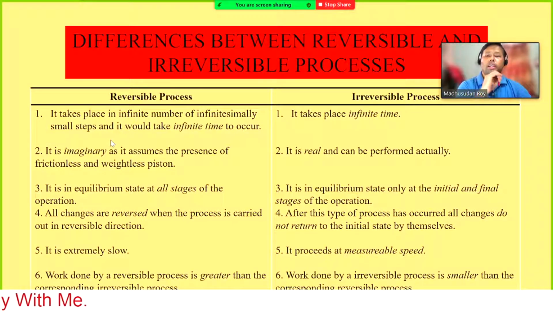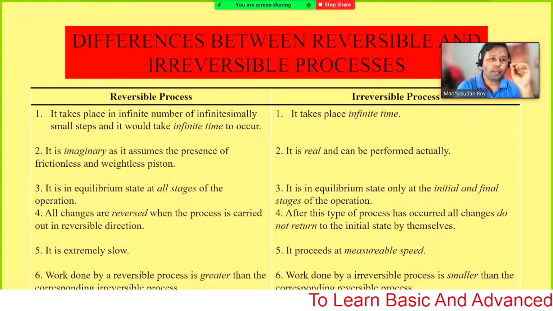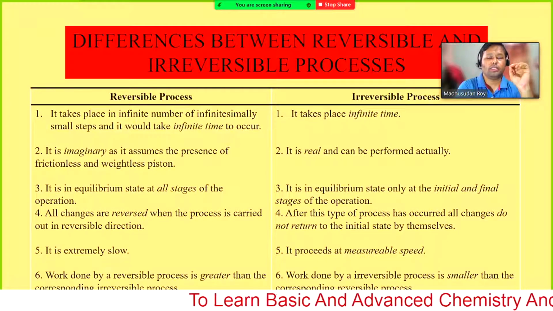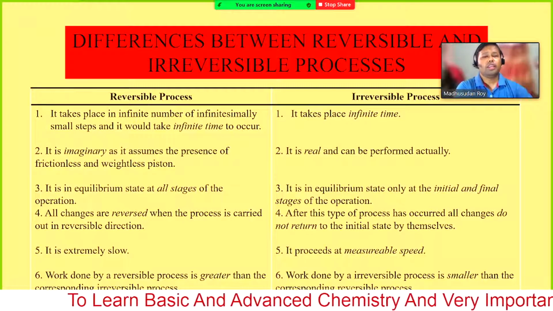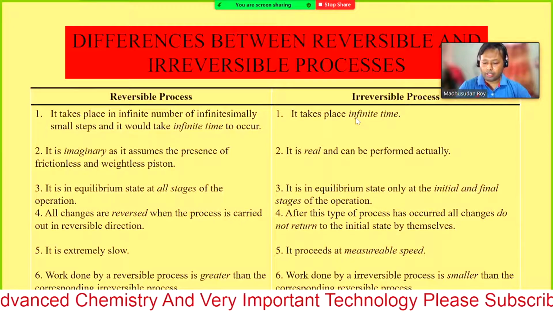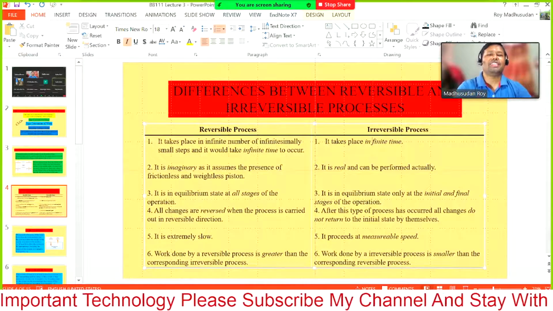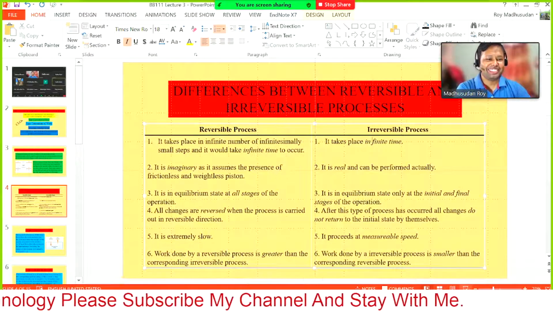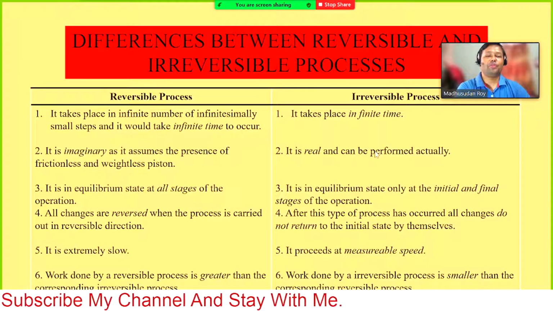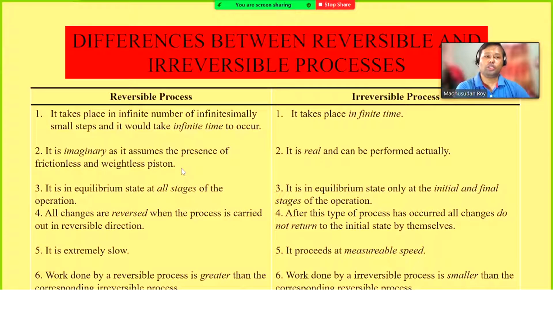So you need to change the system very slowly, with very small changes. But the irreversible process takes place in finite time. Here I think there is a small problem, there is a space; it should be finite time, fixed time. The reversible process is imaginary, as it assumes the presence of a frictionless and weightless piston.